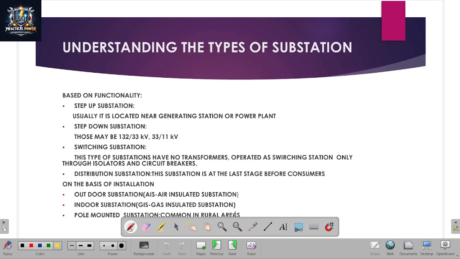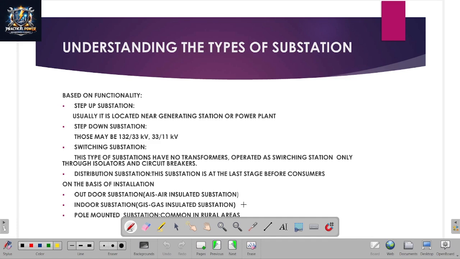So there are different types of substations. A step-up substation is usually located near the generating station or power plant where the power is generated. There is a step-up transformer.